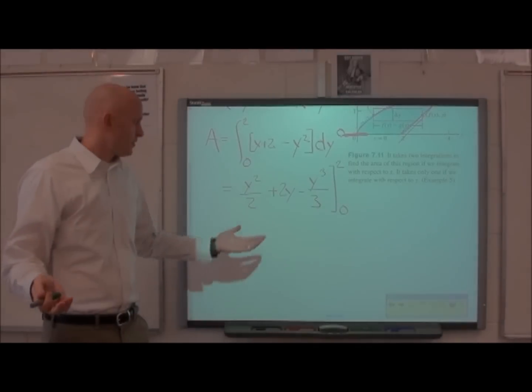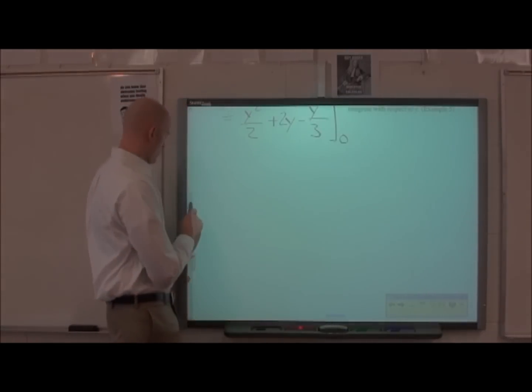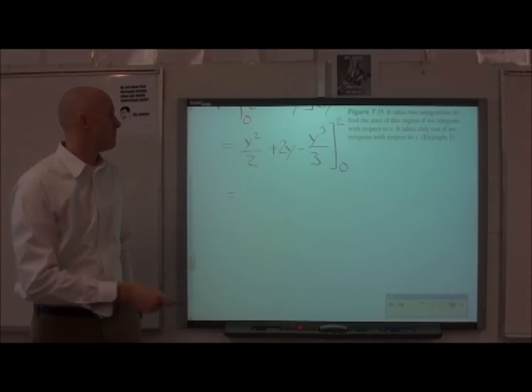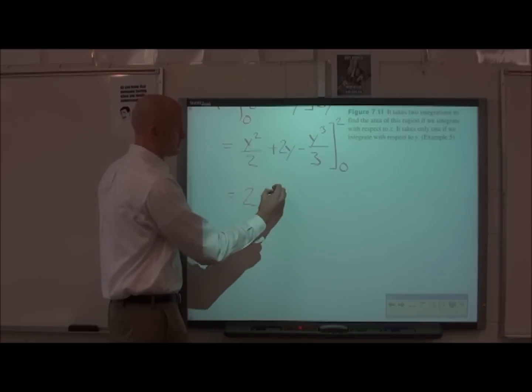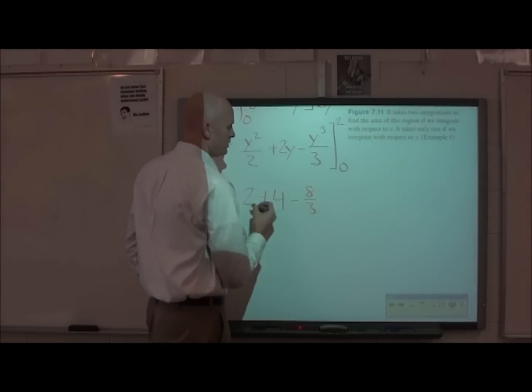Now, using the fundamental theorem of calculus, you can evaluate that, and we will have 2 squared is 4, 4 over 2 is 2, plus 4, minus 8/3.